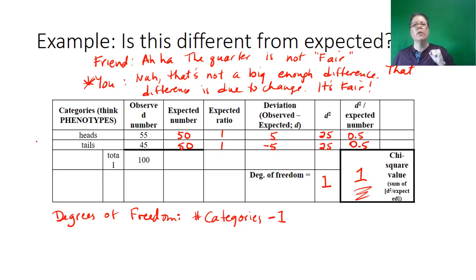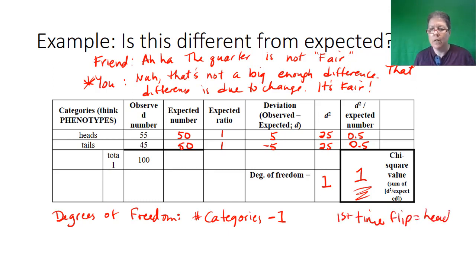All right, so here's another thing to think about. If you flip the coin and the first time you flip it it's heads, does that mean that you would definitely expect it to be tails the second time you flip it?